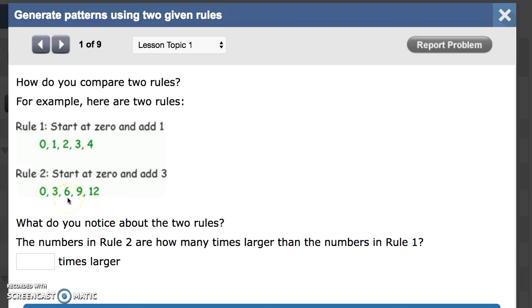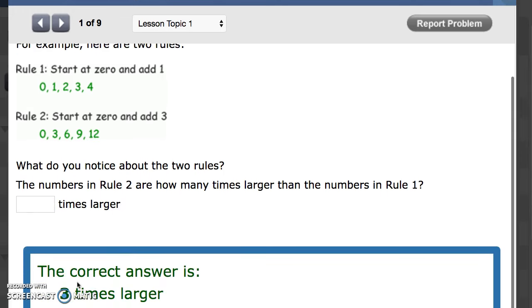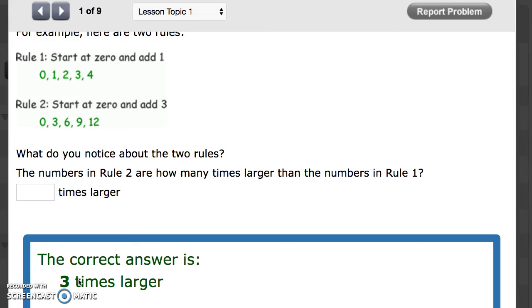How many times larger is 6 than 2? How many times larger is 9 than 3, and then 12 and 4? You're going to be thinking about, how do I get from 4 to 12, 3 to 9, and 2 to 6? What's the common piece? And it is that they are 3 times larger.